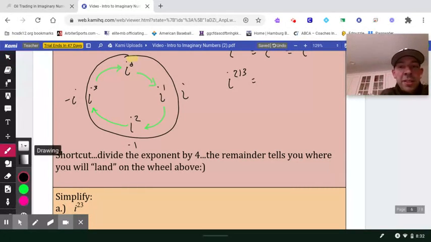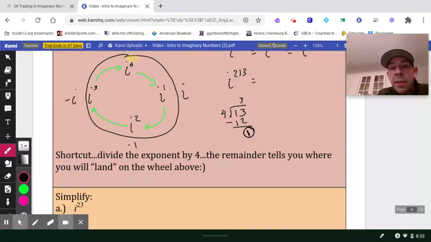So going back to the example we just did, I'm going to go old school. If I took 13 and divided it by 4 with long division, I know that 4 goes into 13 at least 3 times, and 3 times 4 makes 12. When you subtract them, you get a remainder of 1. So it's telling you you would have made 3 full revolutions around it, and then you would have landed on I to the first, okay?